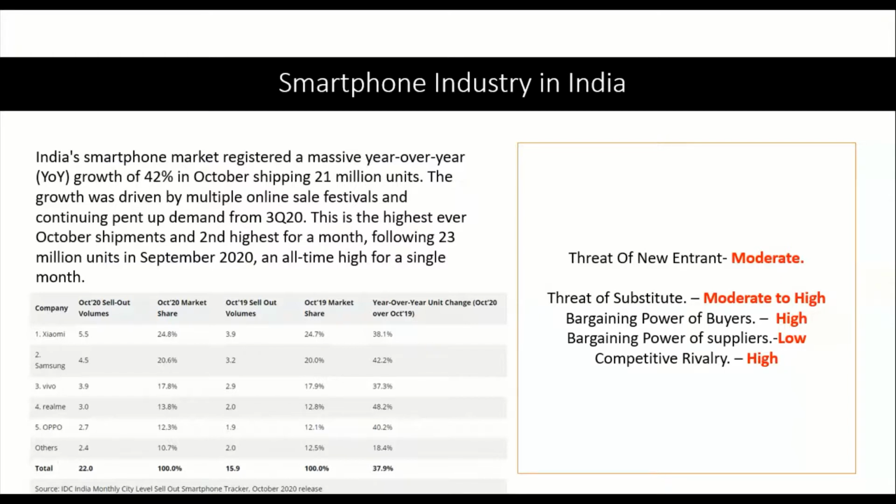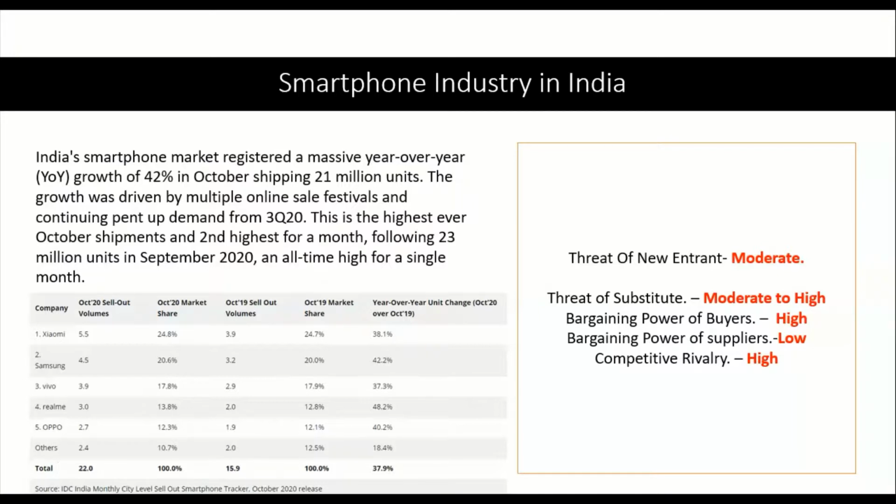But what about the substitute? About the substitute, it's moderate to high, but let's see in terms of an industry. What is the substitute you have for a smartphone? Either a tab or laptop, or something like the new innovative features of the phone.